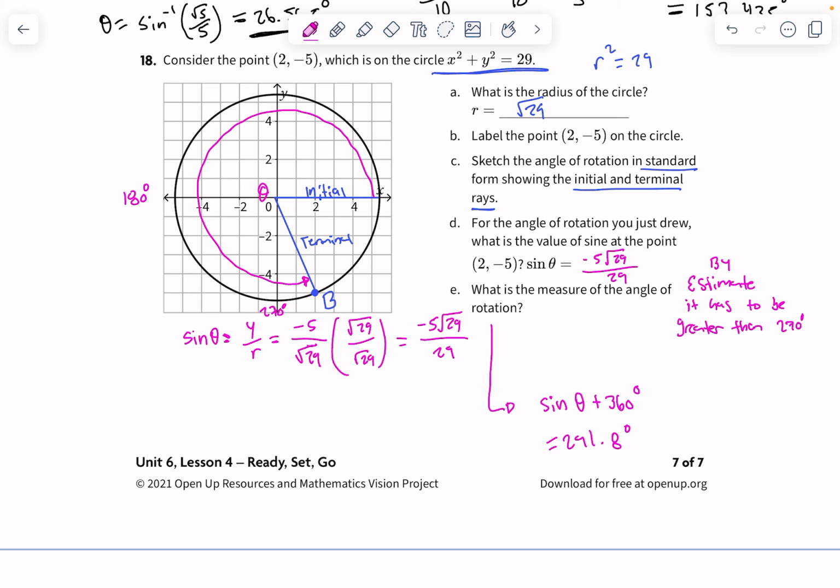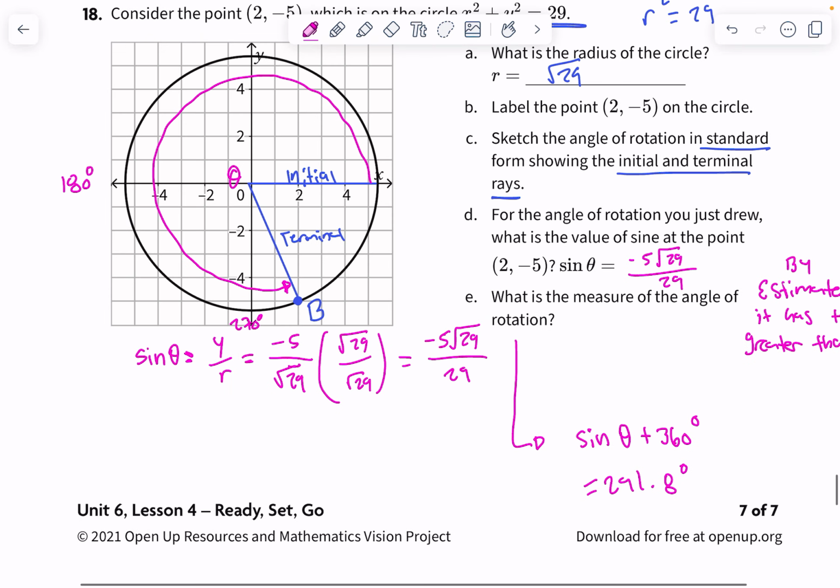But I think doing it like this and figuring out that sine of this is equal to theta.